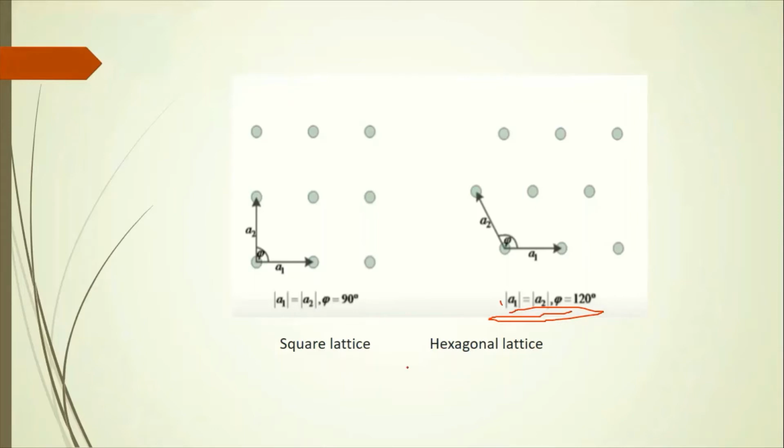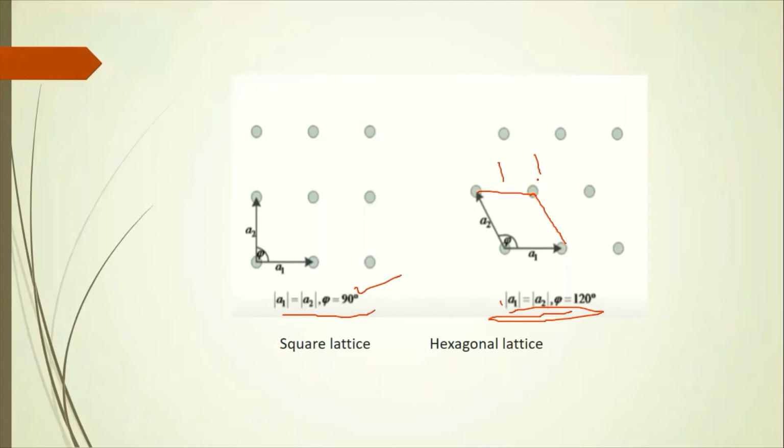In this case we can also get any lattice point by a combination of A1 and A2, at 90 degrees, and because it's a square lattice, it can also be reached by going along this one and this one. So that's why 1 and 1 could be added up.